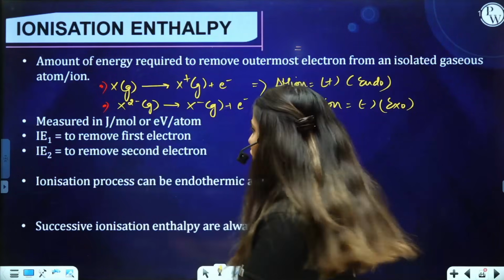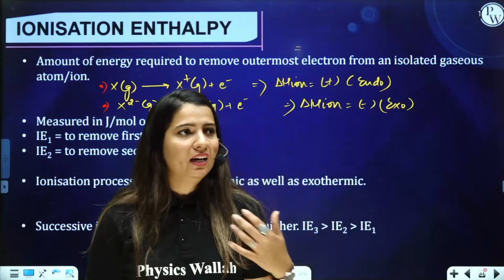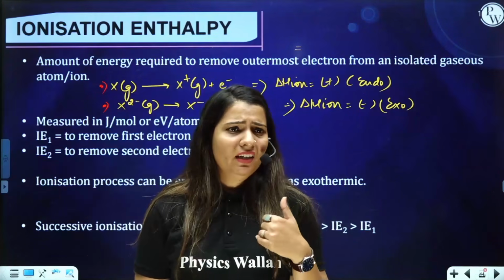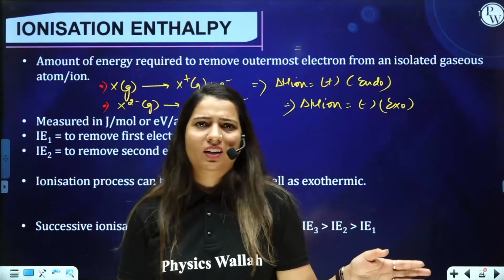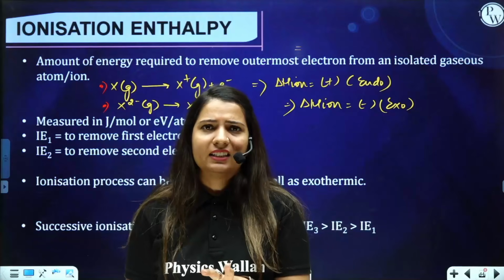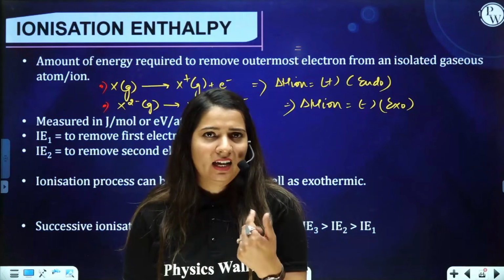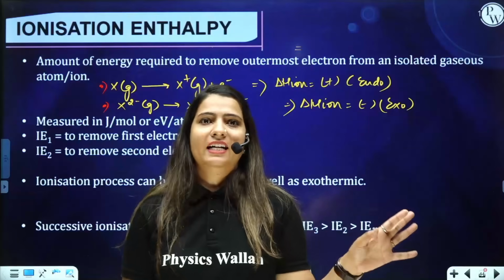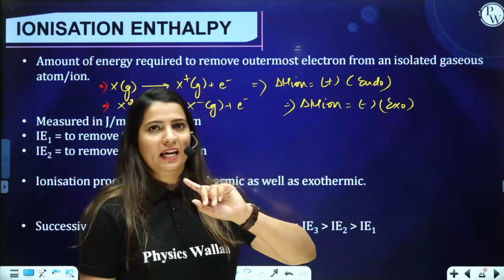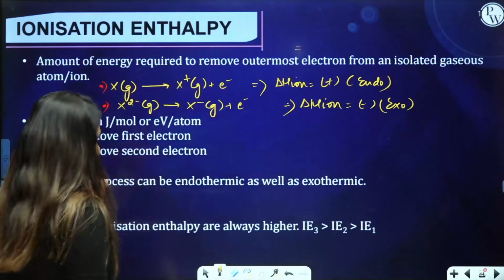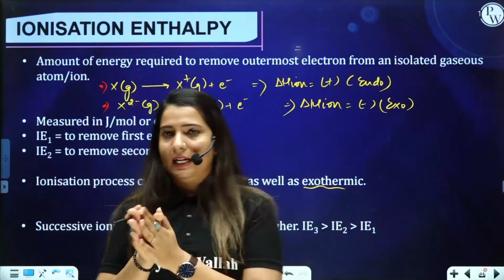No, because there are a greater number of electrons present. They will repel each other and will always want to move out. We are having these interelectronic repulsions. So they will get a chance that the extra electron will be removed itself, and you don't have to supply any energy. So that process will be exothermic. So it can be endothermic and it can be exothermic. Both it can be.